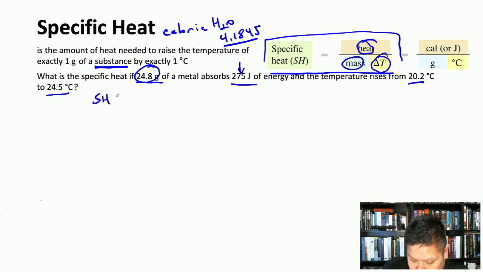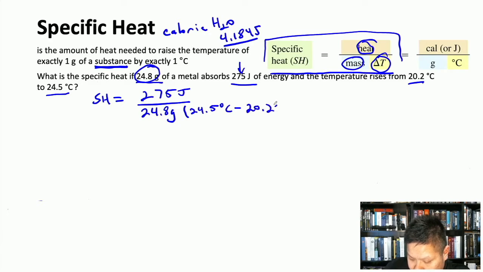Specific heat then equals 275 joules over 24.8 grams, times the change in temperature, which is 24.5 degrees Celsius minus 20.2 degrees Celsius.